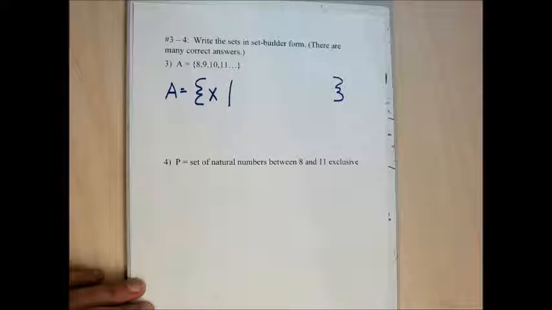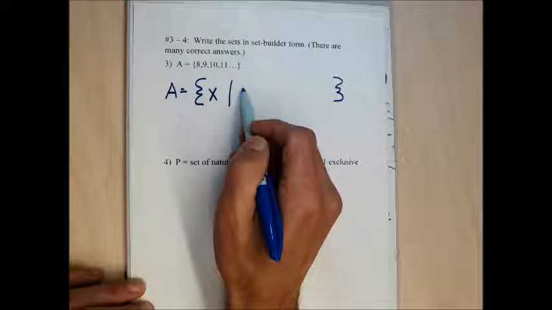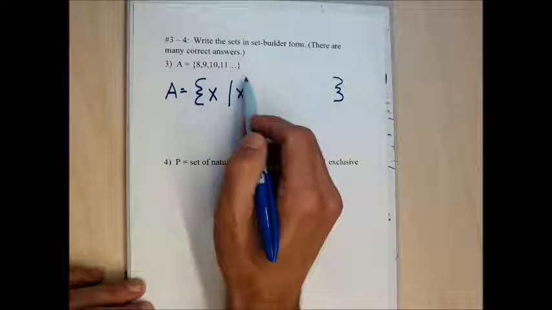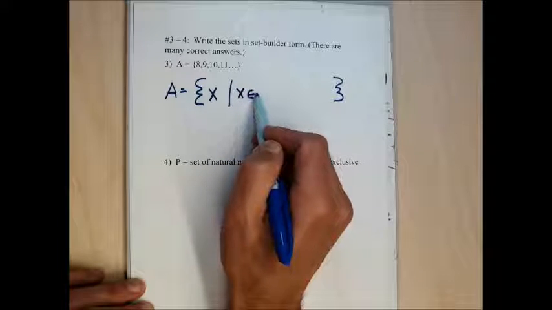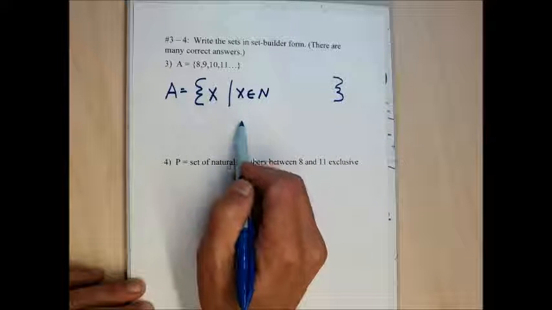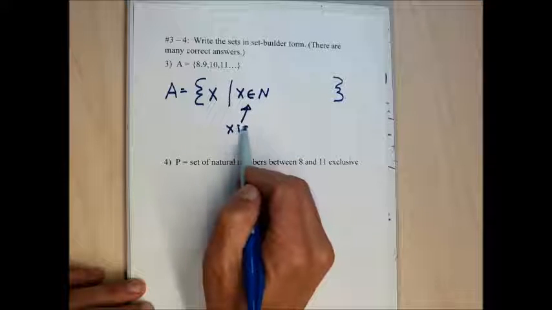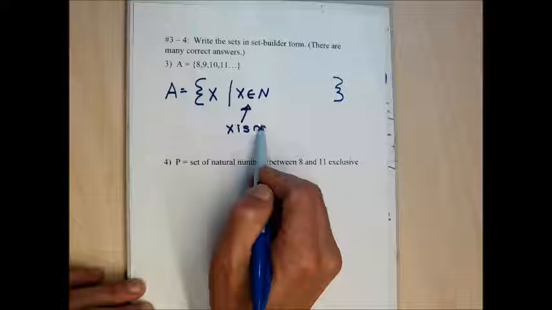Just like in problems 1 and 2, these are natural numbers. The nice way to say that the set only contains natural numbers is to use X as an element of N. You could, right here, say X is a natural number. So you'd have a little bit of flexibility.